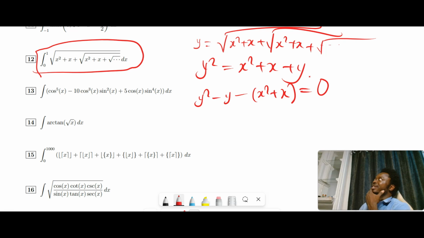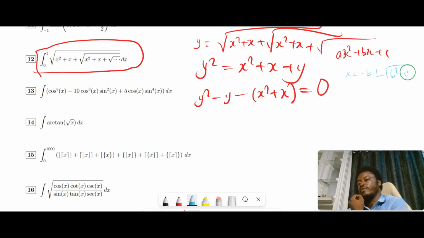Now this is a quadratic equation where we need to solve for y, because we need an expression for y. Using the quadratic formula, we know that ax squared plus bx plus c has a root at x equals negative b plus or minus square root of b squared minus 4ac, all divided by 2a.